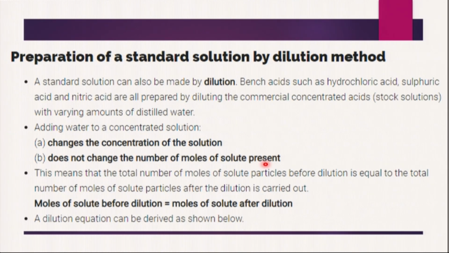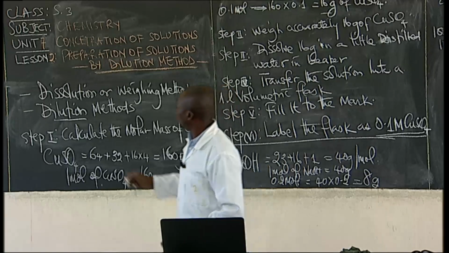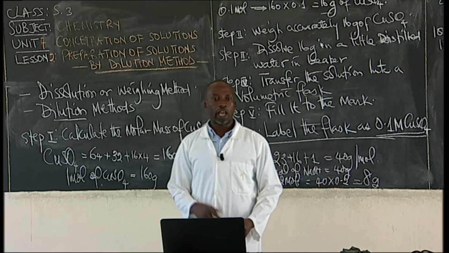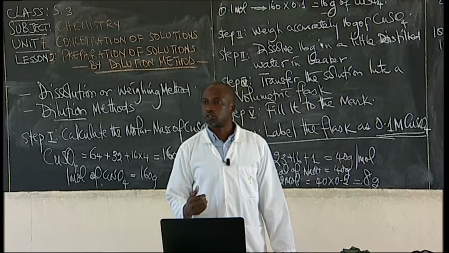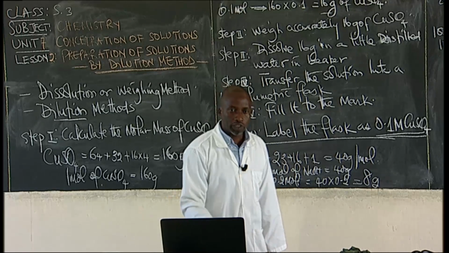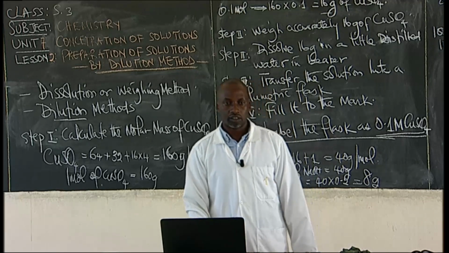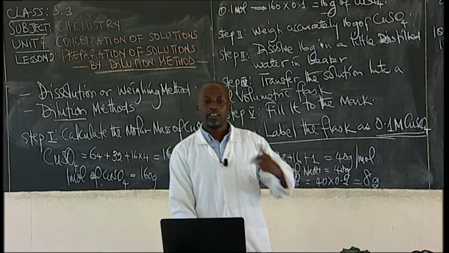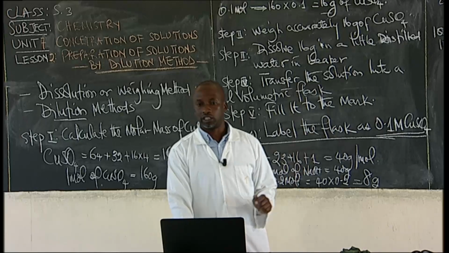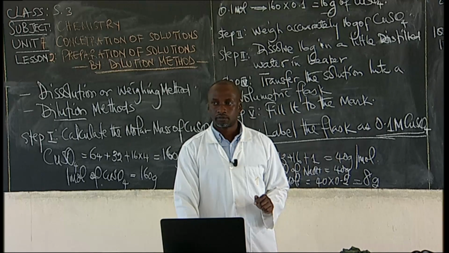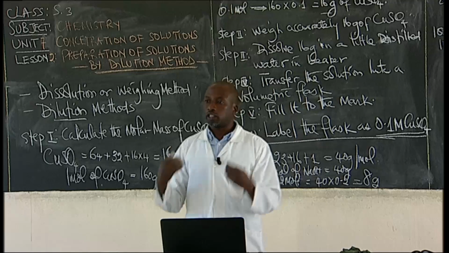So what do we do? That is what we call the dilution method. We add water to reduce the concentration. When water is added, take note, it does not change the number of moles of the solute that is present. So here, what do we need?